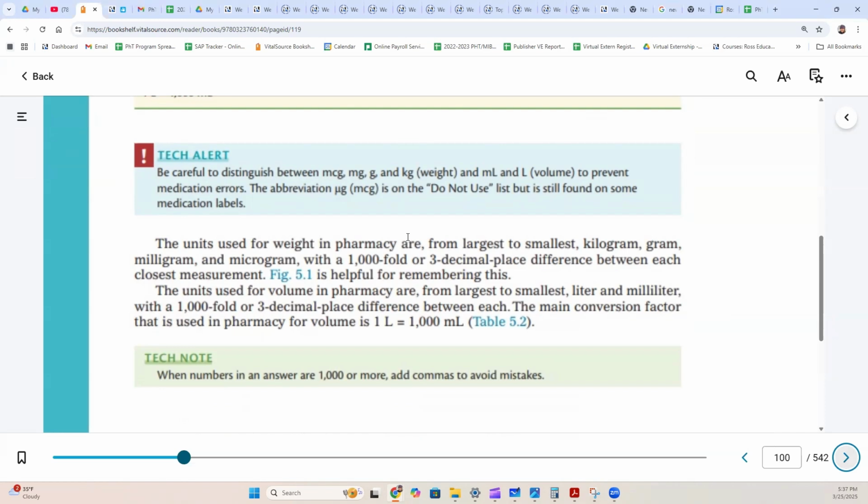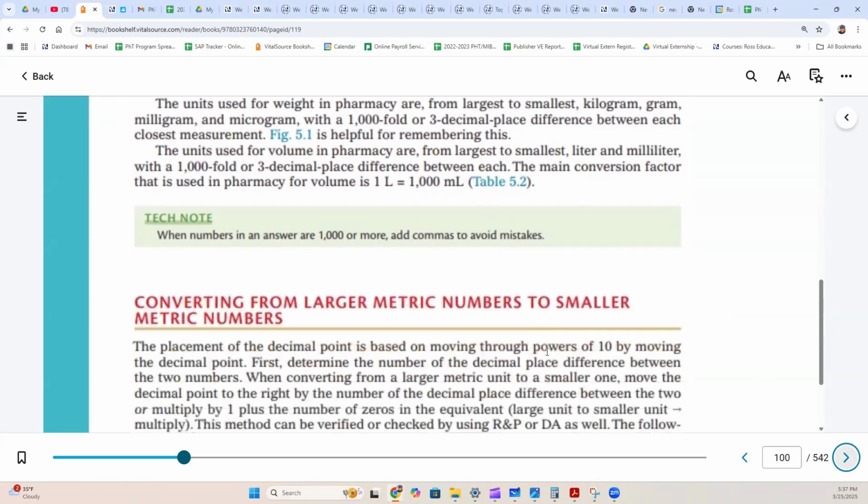The main conversion factor that is used in pharmacy for volume is 1 liter equals 1,000 mL. And that is something that you are going to want to make a really comfortable spot in your brain for, because if you work in pharmacy, you're going to need to know it, especially if you are working in compounding or hospital pharmacy.